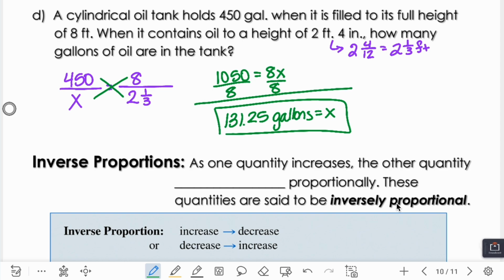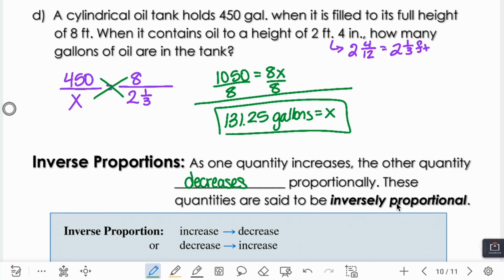Now, an inverse proportion. A direct proportion is where, as one value increases, the next increases proportionally, or as one decreases, the second also decreases. Inverse is opposite. As one quantity increases, the other quantity decreases proportionally. So as one goes up, the other goes down.